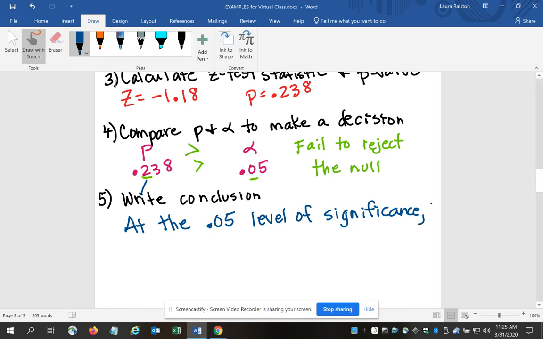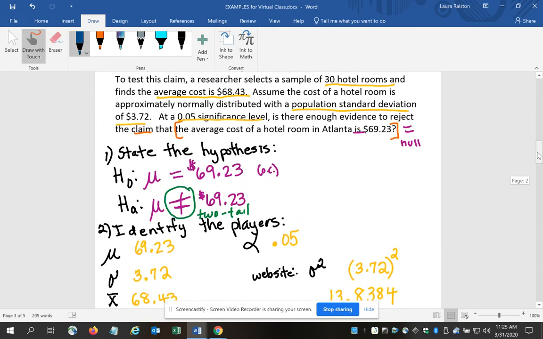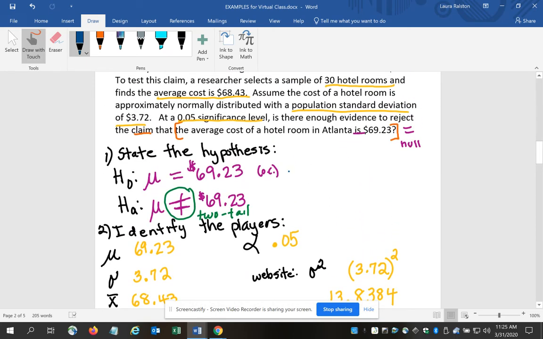Okay, then let's go back up here to the beginning and think through this. We fail to reject the null. If we fail to reject the null, that means the null is true. And the alternative in that case would be false.